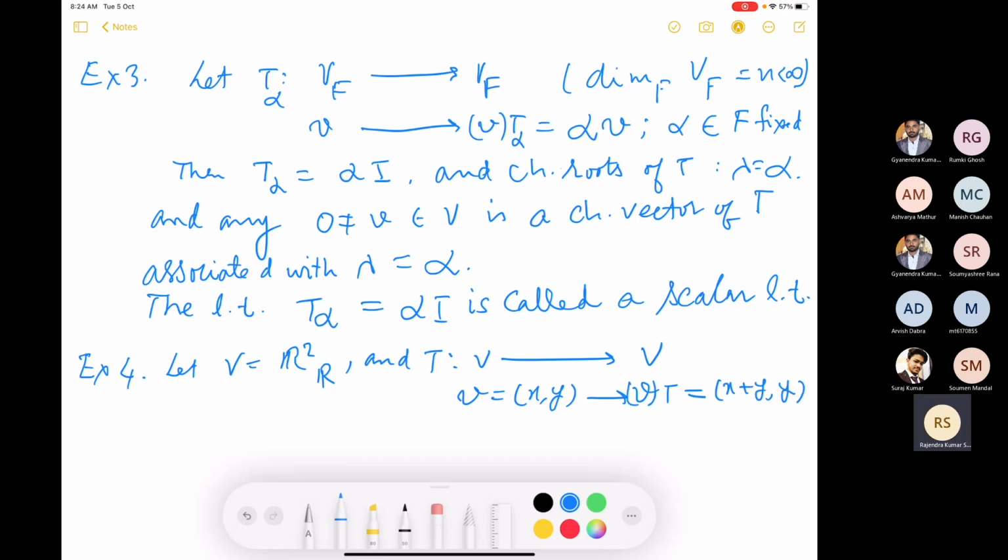If you define it like this, then T is a linear transformation. This I leave for you to verify. So please verify.